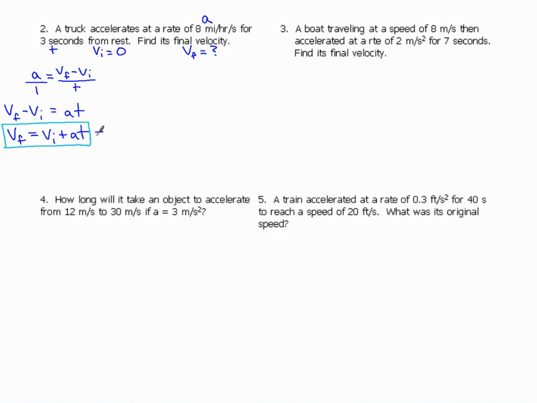So we have an initial velocity of 0 from rest, plus the acceleration, which is 8 miles per hour per second, and the time, which is 3 seconds. Let me change the way I wrote the units here to make it a little easier to visualize what's going on.